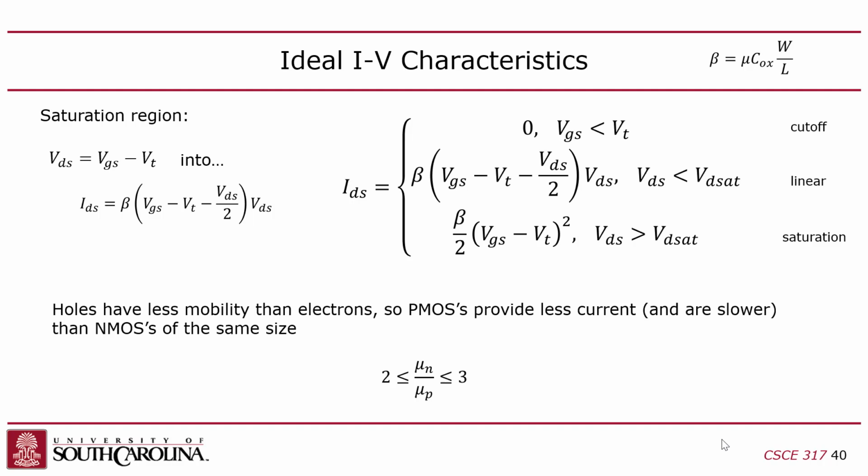So cutoff is 0, although that's not entirely correct; that's a simplified model. 0 current for the cutoff region. The linear region is not really linear, right? It's because you have VDS squared here. And the saturation region is when the transistor becomes a current source.